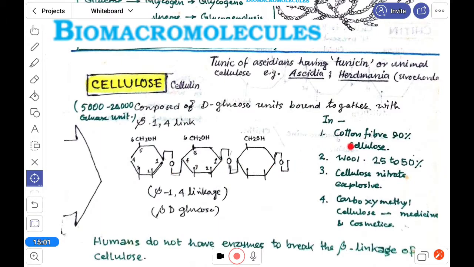This is found in cellulose, which you know is in the plant cell wall. Okay, and one interesting fact is that humans do not have the enzyme to break the beta linkage, so we cannot digest cellulose. We don't have the cellulase enzyme to digest it. Okay, so this part is only what you have to study. Okay. Thank you.